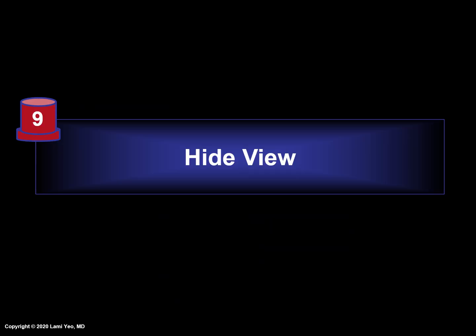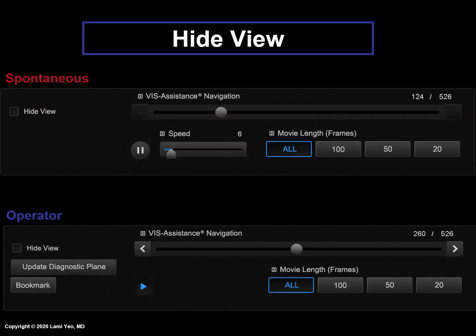Another feature of Visa Assistance is known as Hide View. The purpose of Hide View is to hide a cardiac view. This button is located in the Visa Assistance panels for both spontaneous and operator navigation through the Visa video clip.